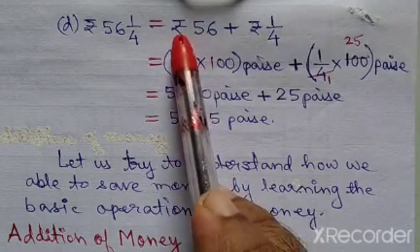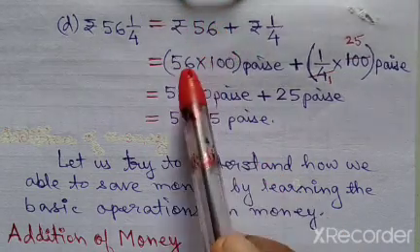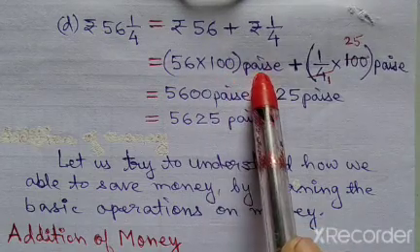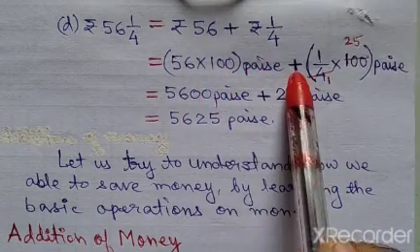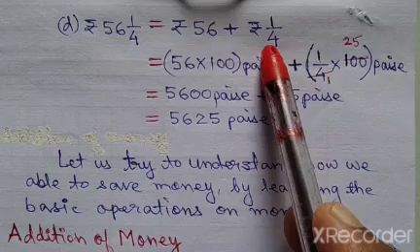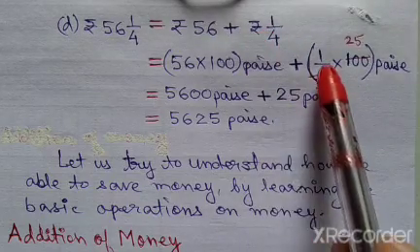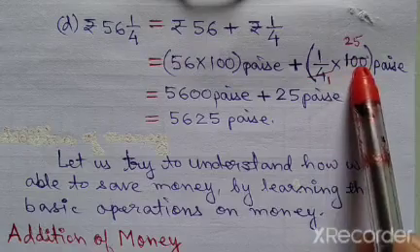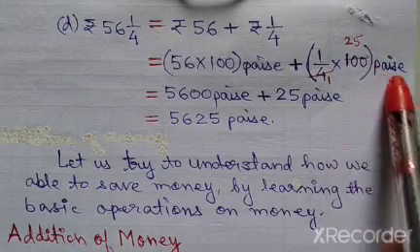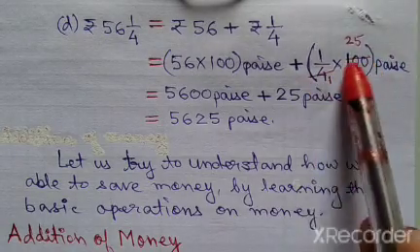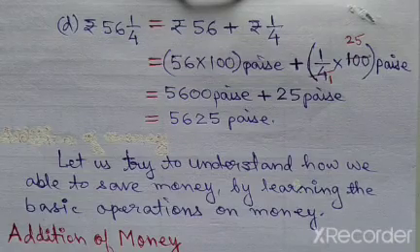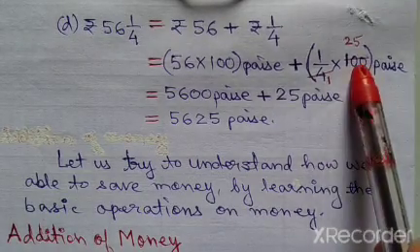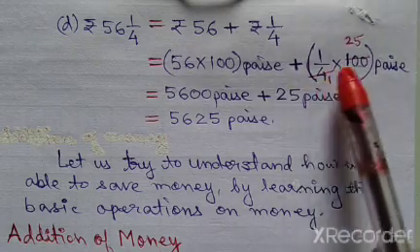After that children, you can easily convert, because we know to convert rupees into paise, what we have to do? 56 multiplied by 100. Now write paise after the bracket. Now put a plus sign. And the second case is also the same way: rupees 1 by 4 is converted to paise, that is 1 by 4 multiplied by 100. Outside the bracket just write paise. And you all know how to multiply a whole number with a fraction, 1 by 4 into 100.